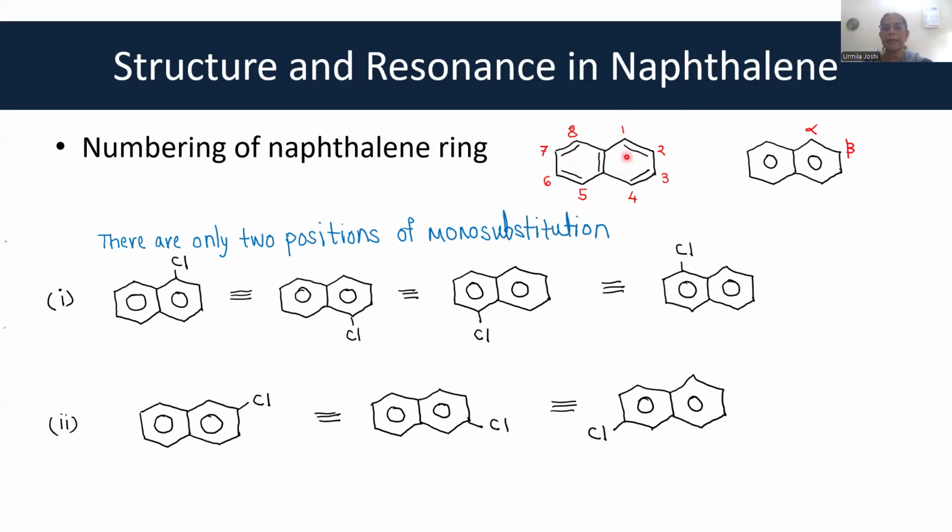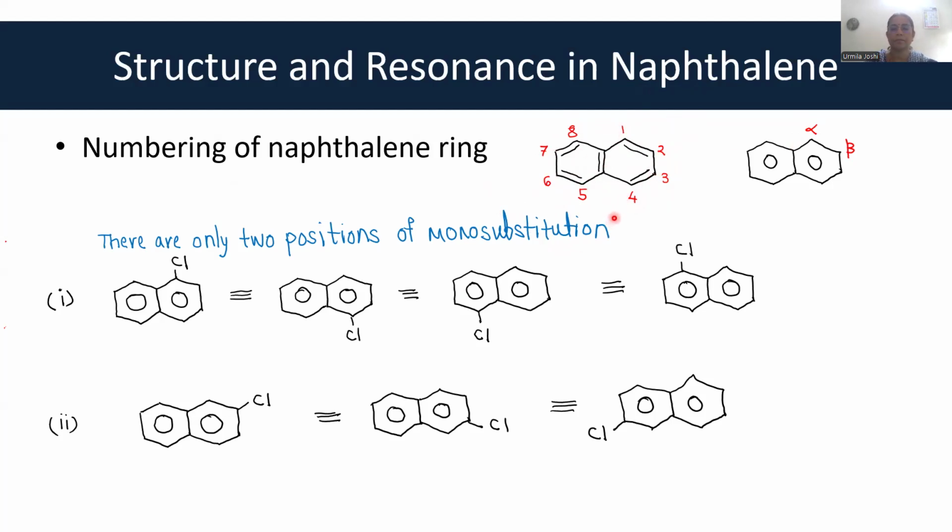Just have a look, right-hand side ring, topmost carbon. The second important rule to remember is the numbering should complete one ring before going to the second ring. So 1, 2, 3, 4, then comes 5, 6, 7, 8.